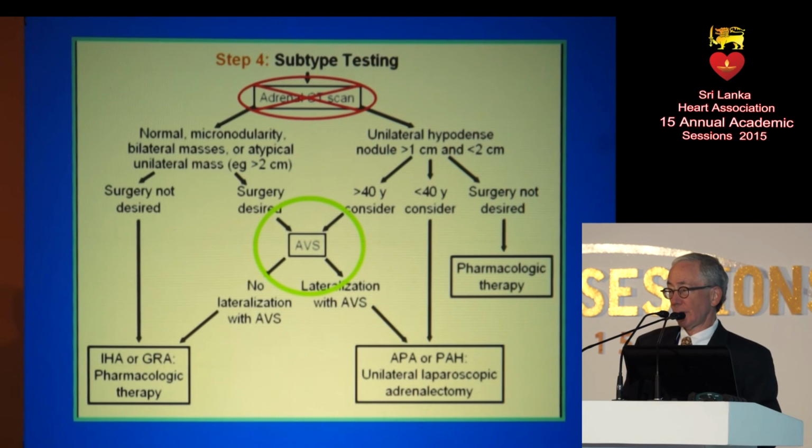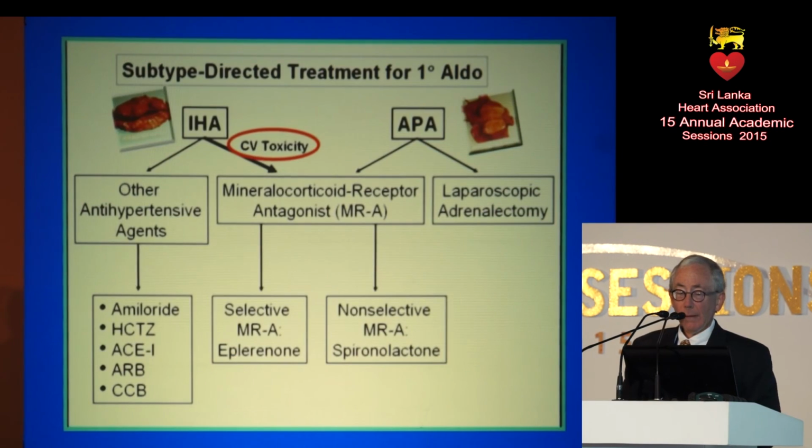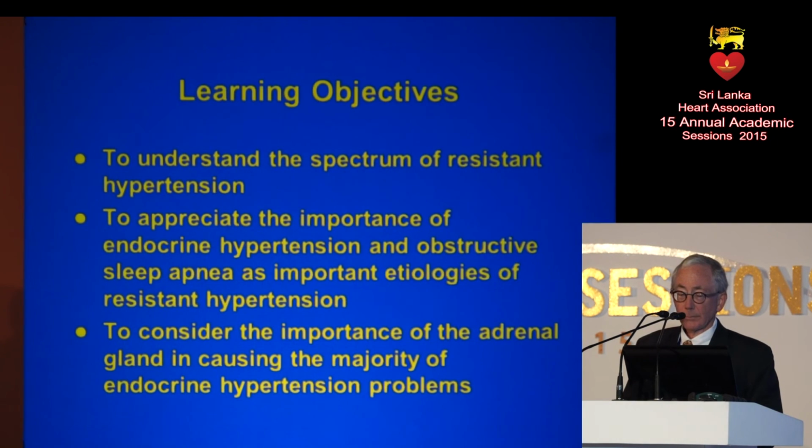This, I think, is the critical factor to remember if you're going to pursue that route. Obviously, we want to prevent morbidity and mortality, and this is going to require normalization of blood pressure and the serum potassium, and again, to avoid CV toxicity.